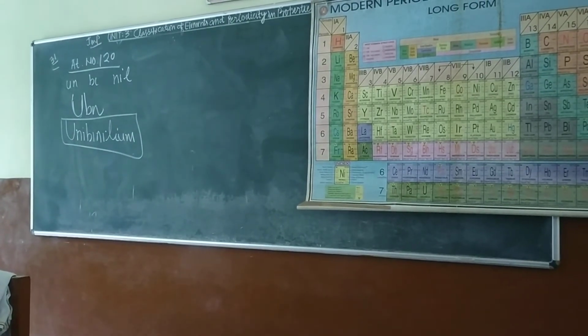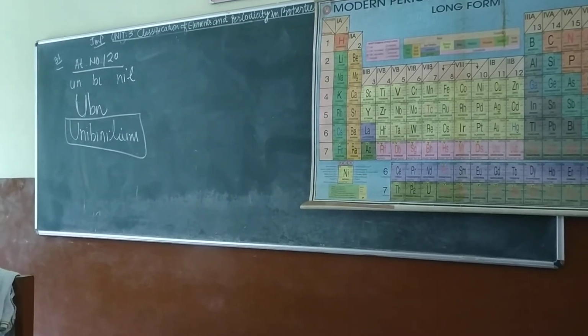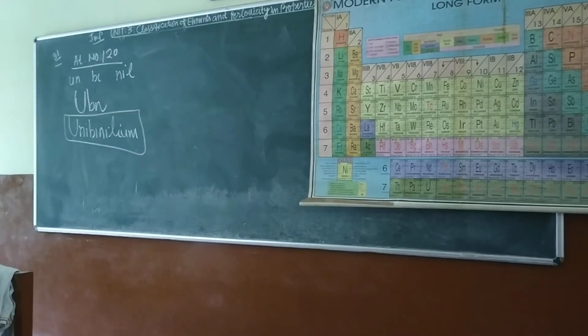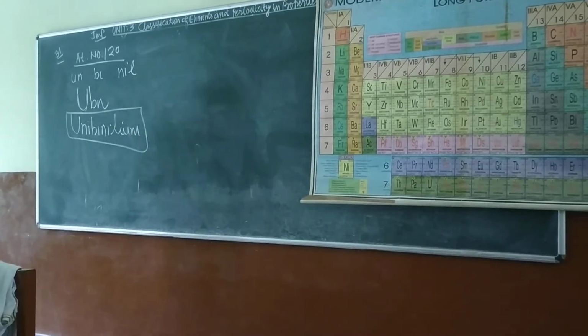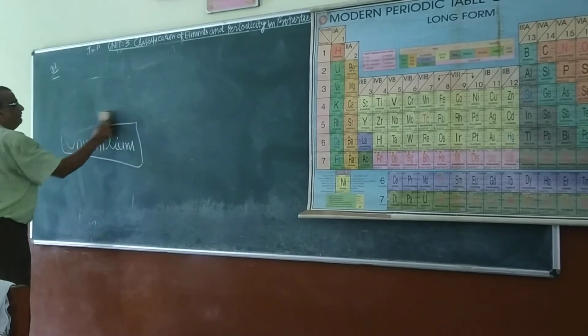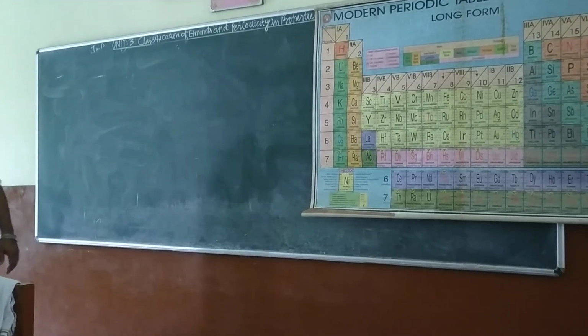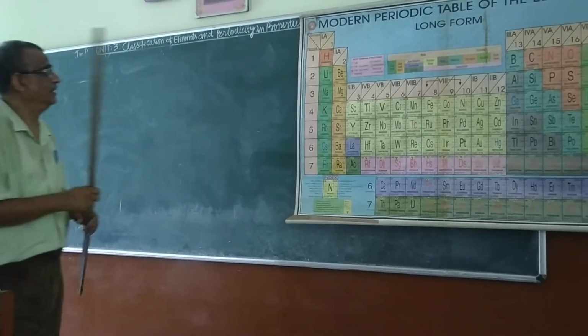We now come to the electronic configuration of elements and the periodic table. What do you understand by electronic configuration? For electronic configuration, we have again to go to the periodic table.